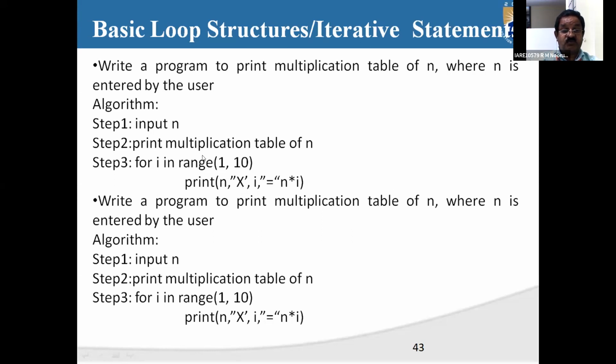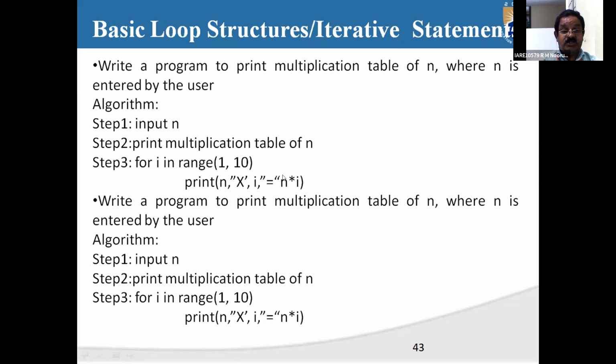i. Now the i value is 1. 5 into 1 equals n into i. That is, n is 5, so 5 into 1. We are going to get 5 into 1 equals 5. It's going to write. Next, i will be incremented. i becomes 2. Then it's going to write 5 into 2 equals 10.